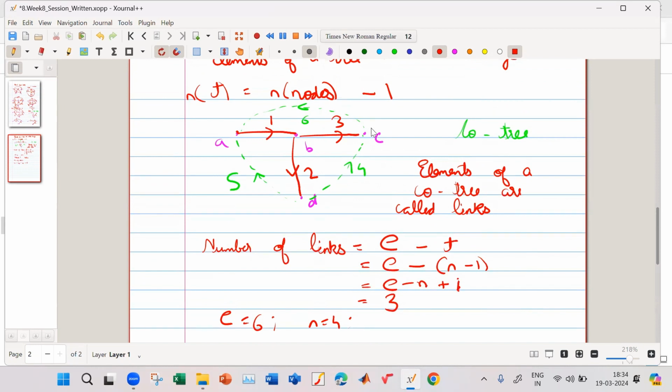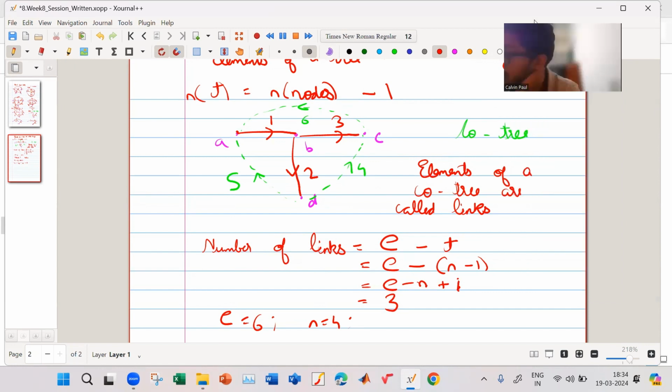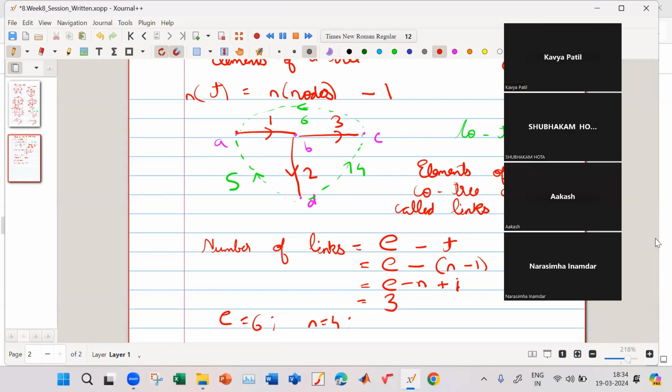So what is KCL of node B? Akash? I3 plus I2 minus I1 equals 0.